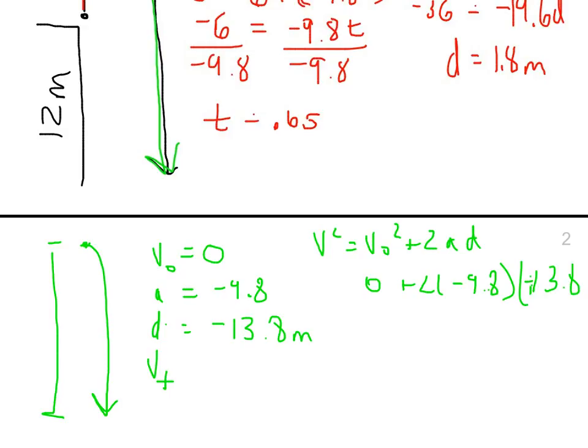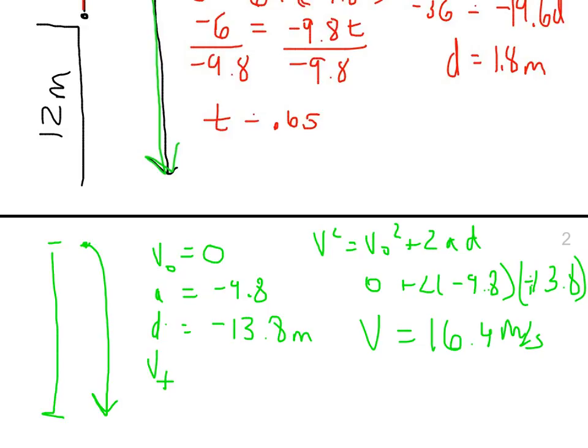There's a negative sign in there. So I have 2 times 9.8 times 13.8. I got to take the square root of that. And I get 16.4. So the velocity it hits the floor with is 16.4 meters per second. Downwards, if you want to say that.